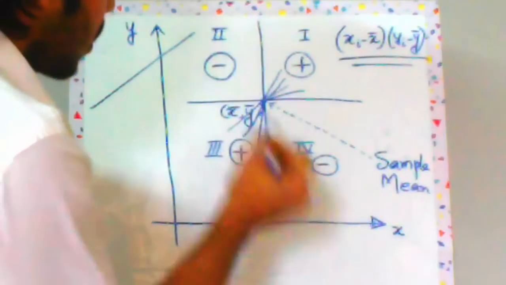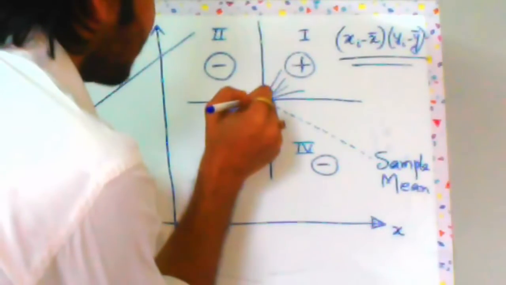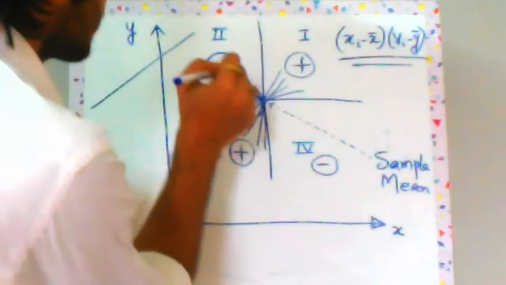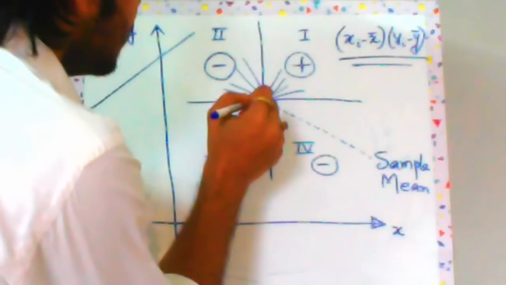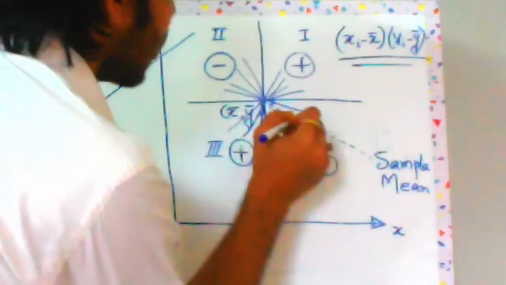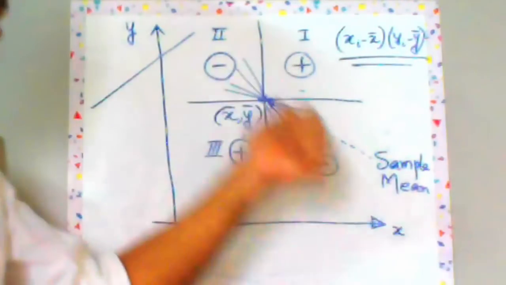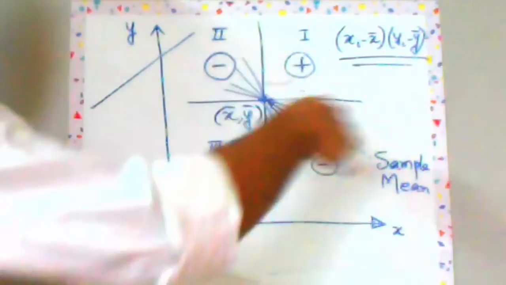If you look at quadrant 2 and 4, if you go from sample mean to 2, you will get this kind of a graph. And if you go from sample mean to the fourth quadrant, you will get something like this. So if you look at these lines, you can understand that there is a kind of a pattern here.